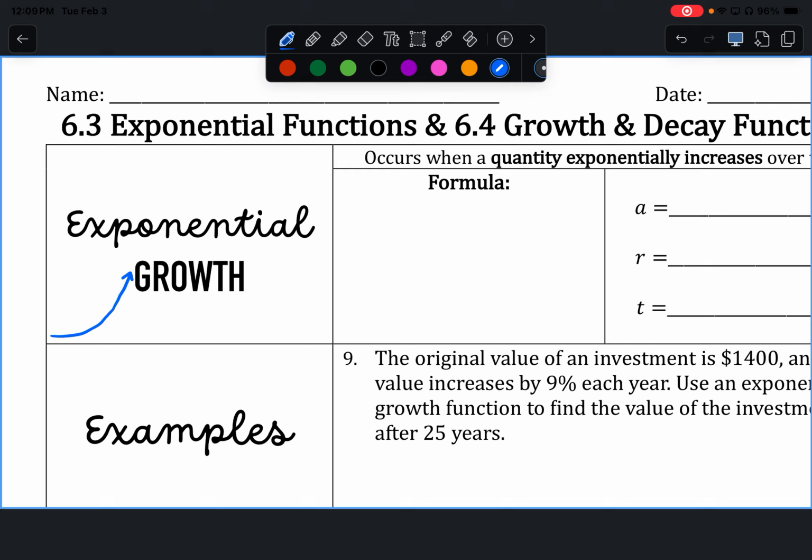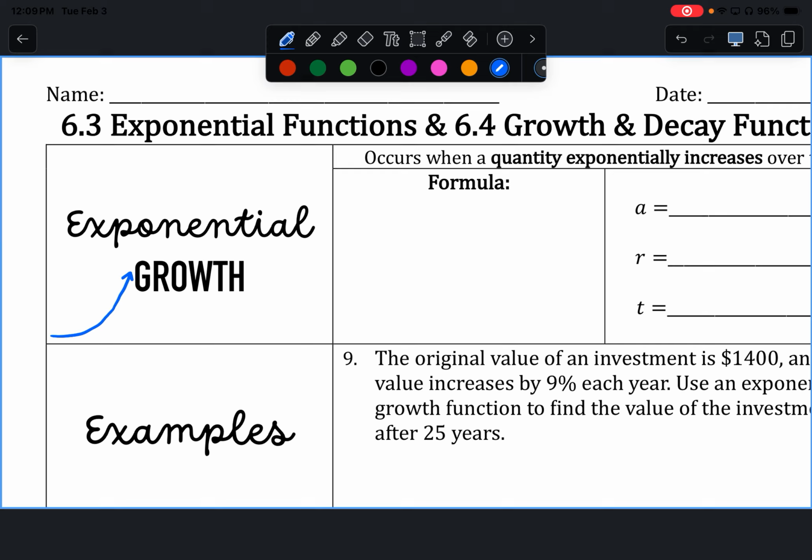So our B is found by saying 1 plus whatever the growth rate is. That's how we find B. Whenever we look at an exponential growth formula, we use that definition of B in the equation.